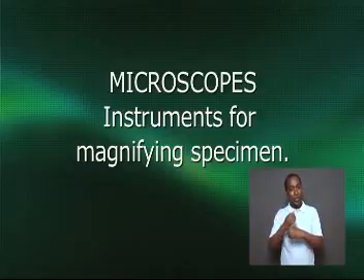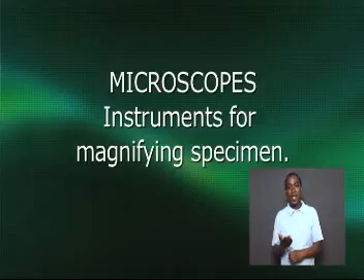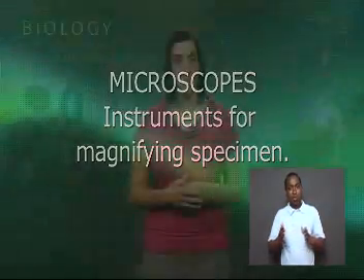Microscopes are instruments for magnifying specimens. They have been used for over 300 years to look at and study cells. As microscopes have improved, so has the understanding of cells and therefore of living organisms as well.